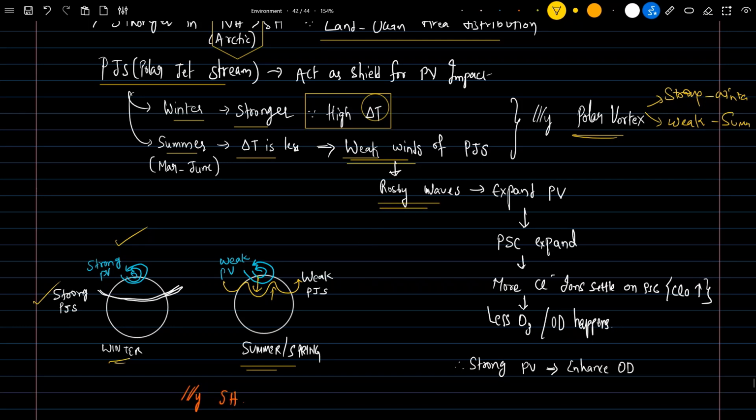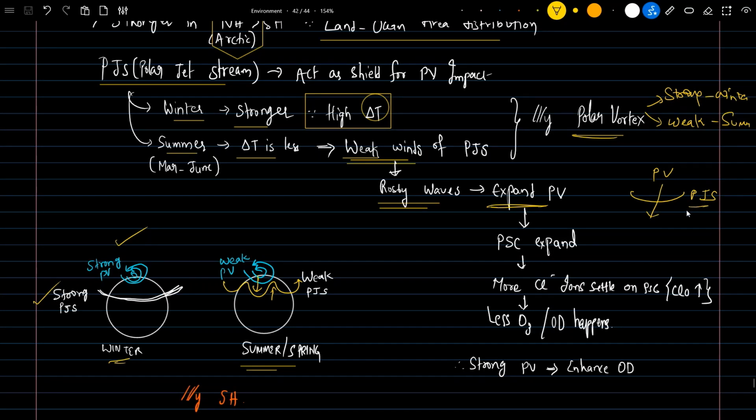Because of the weak winds of the polar jet stream, especially in the months of summer or spring, Rossby waves will be formed. This basically leads to expansion of the polar vortex. We can simply understand that the polar jet stream is shielding the polar vortex from entering the northern USA, Canada, Russia. The polar jet stream is simply gating or shielding the polar vortex.